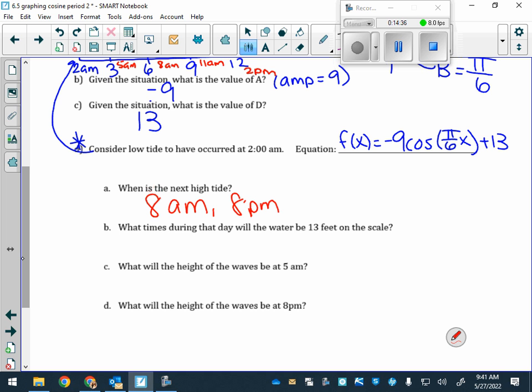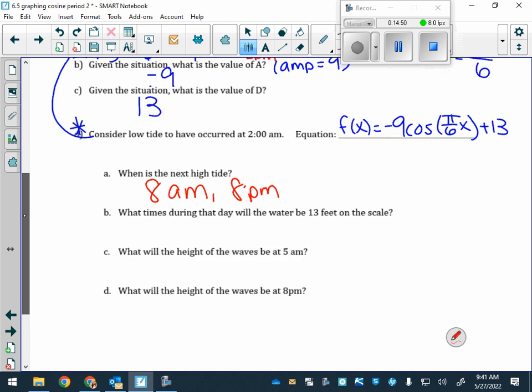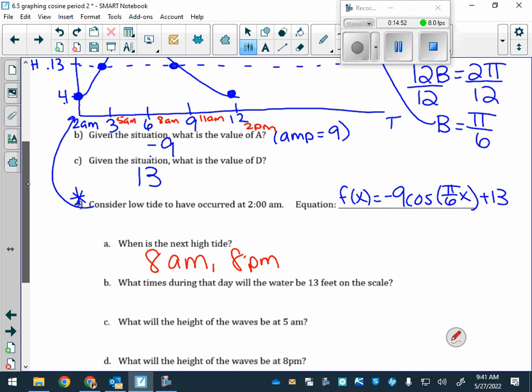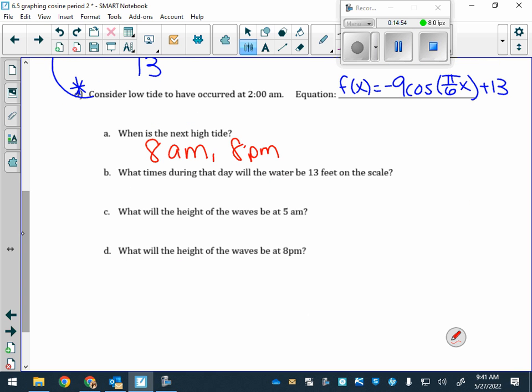What times during the day, so now during the day, right, will the water be 13 feet on the scale? Go ahead, Grant. during that day. Sorry.